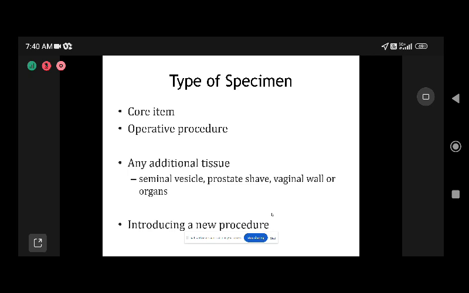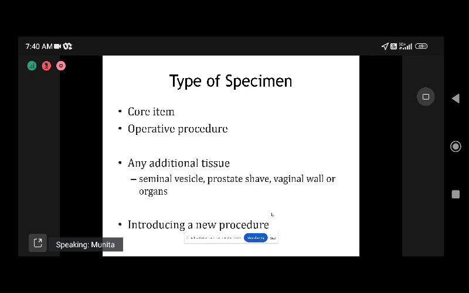It's absolutely essential that you provide us the information about what the operative procedure is, and extremely important, that any additional tissue which is there on the specimen is mentioned. Please take it that sometimes, especially in a high volume center, it is the first year resident who would be grossing and handling, and who's used to typical specimens.